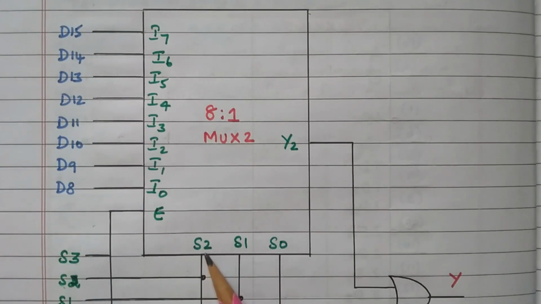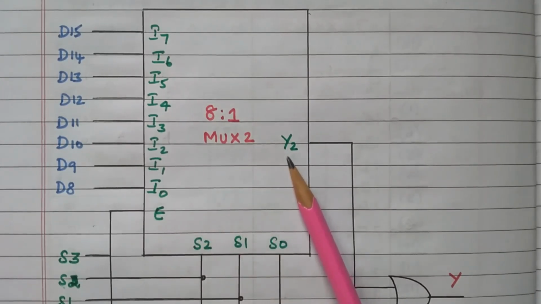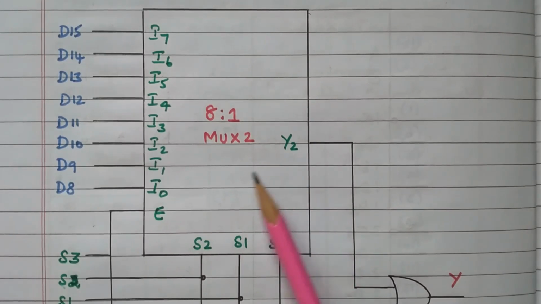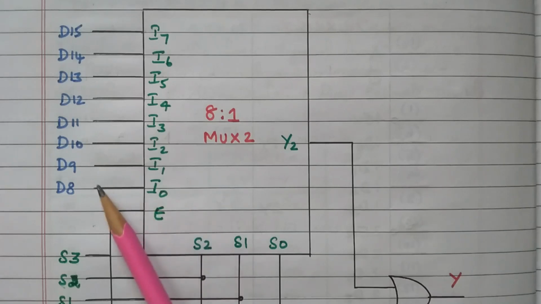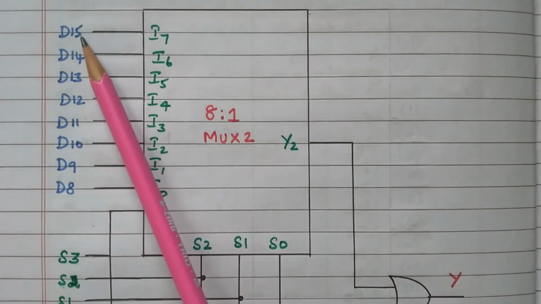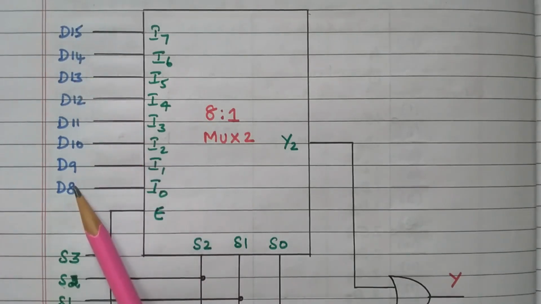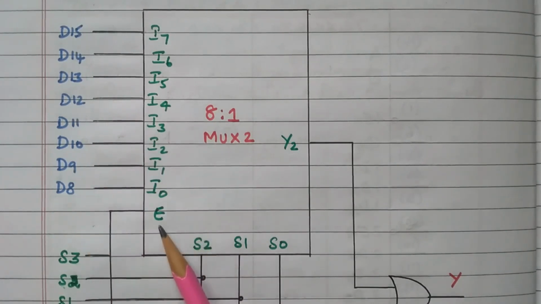This is the selection lines S2, S1 and S0. We already discussed that out of 4, 3 selection lines are connected here, and 1 selection line is connected as enable, right? So this is the output of the second mux, Y2. So this is the second 8:1 mux having 8 data with 1 enable and 3 selection lines.